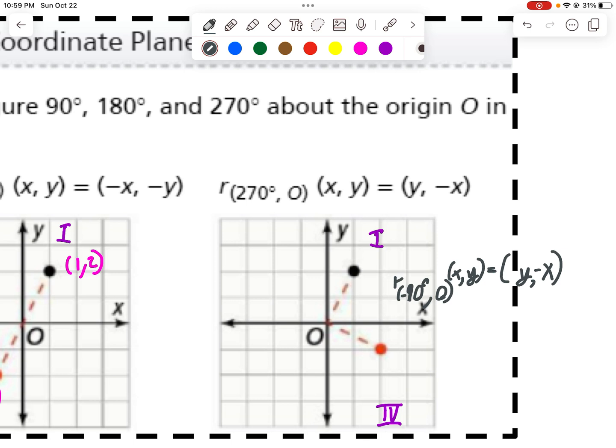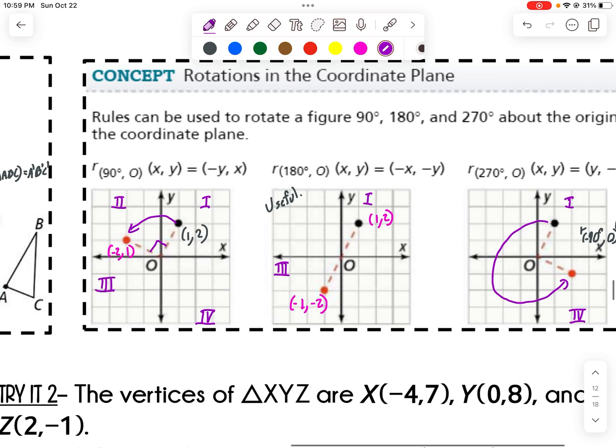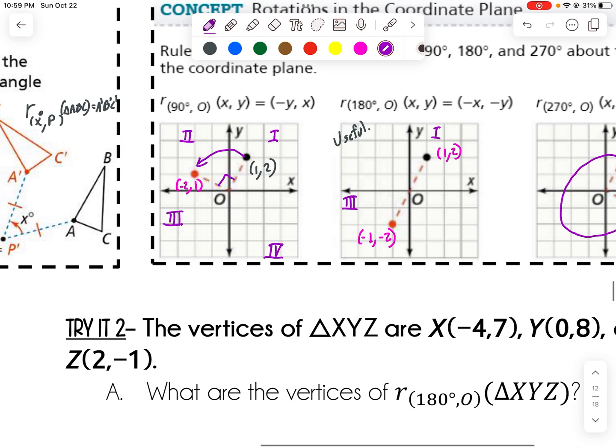They'll switch places, and the original x coordinate, which is now in the y place, will become negative. So, this original one could be described in different ways, and actually with rotations, they could always be described different ways. So you want to kind of watch out for that.